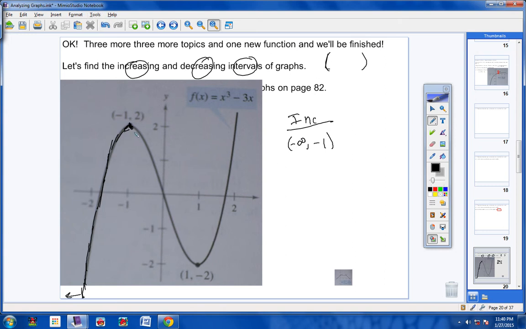Now, so from here, let me change colors here. From here to here, it's now decreasing until it hits this point right here. So it was decreasing from, well, we start with the x-axis, so -1, all the way to here, and we use the x-axis value, not the y. So from -1 to +1, it's decreasing.